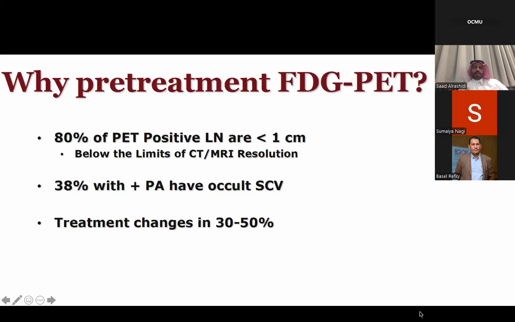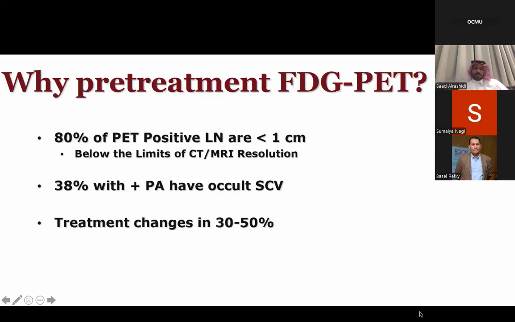For pre-treatment, in 80% the PET scan, even for a node less than 1 centimeter, is very accurate in determining where to tackle the disease and boost with the radiation dose. It also decreases the chance of missing the PA node, so as radiation oncologists we do not necessarily extend the field to the para-aortic node, and the surgeon does not go after the PA node.